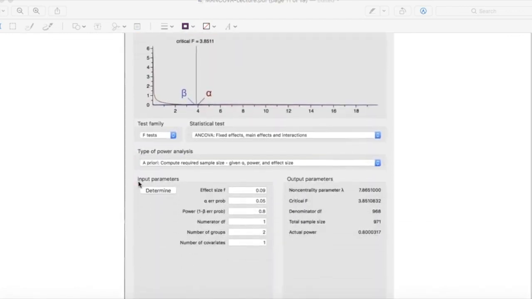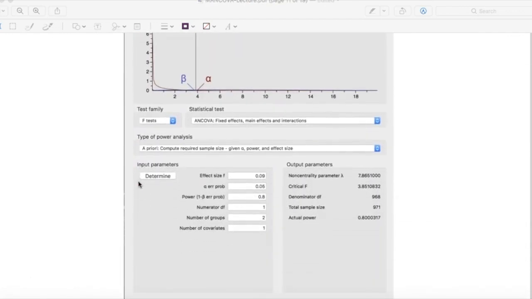But look at what's going to happen if you try to do it with a MANCOVA version. So effect size, alpha, and power stay the same. My numerator degrees of freedom, I set 1. My groups, I set 2. My covariate, just 1, neuroticism. That's a big sample size. And I've actually run it the other way with 4 and 3 here, and yeah, it doesn't get better.